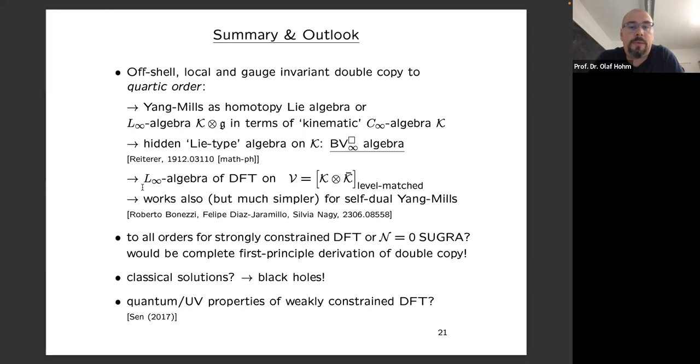But this is good enough, at least to the order in which we can do it so far, to actually construct the L-infinity algebra of double field theory by taking the tensor product K with a second copy of itself.